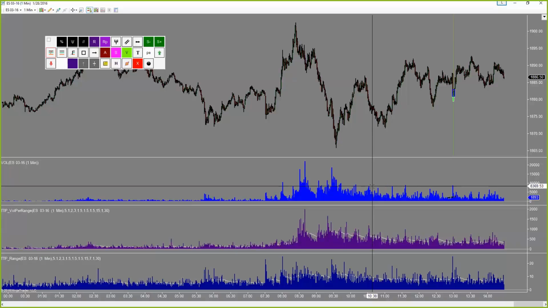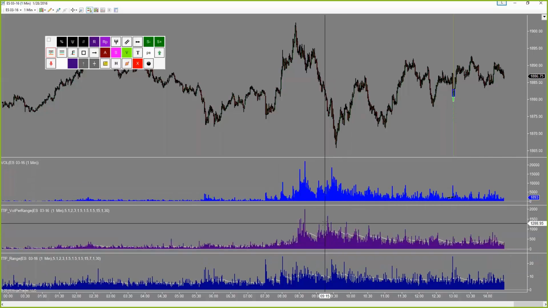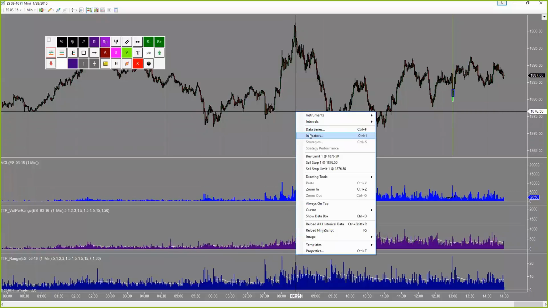And then I went one step further, creating a new indicator called relative density, where rather than the input being volume itself, the input is now volume per range, and we're looking at only the churn bar. So we're looking at the degree of churn or the degree of participation.